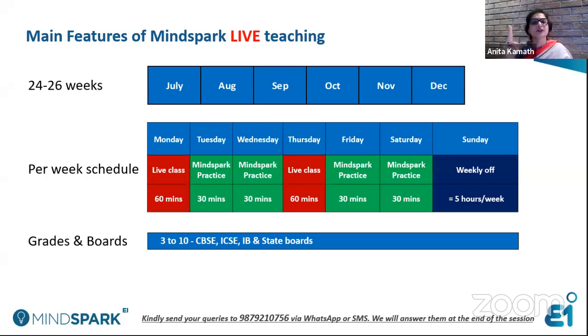So 2 hours in a week, followed by 30 minutes of Mindspark practice, which gives you 5 hours per week of total mathematics. Yes. It caters to grades 3 to 10 and covers all the syllabi, that is ICSE, CBSE, IB, and state boards. Am I right, Ranjini?